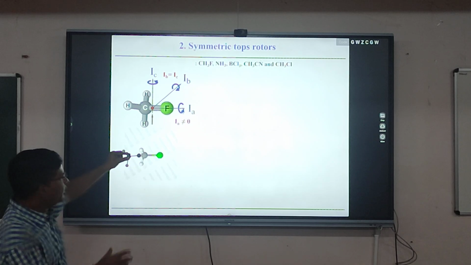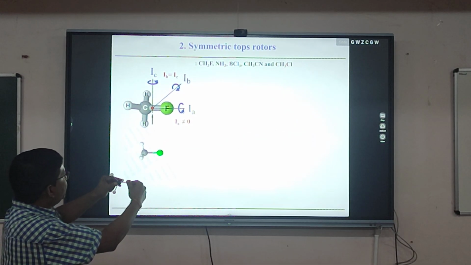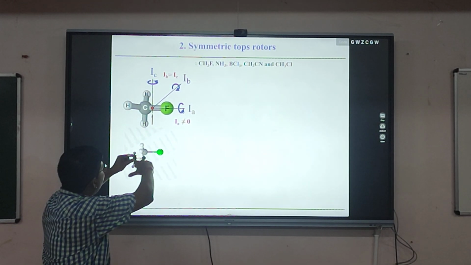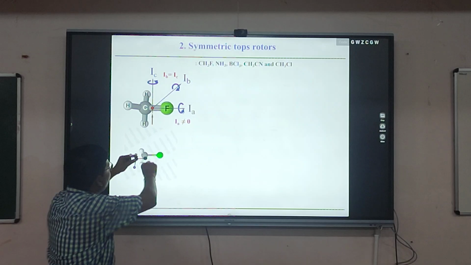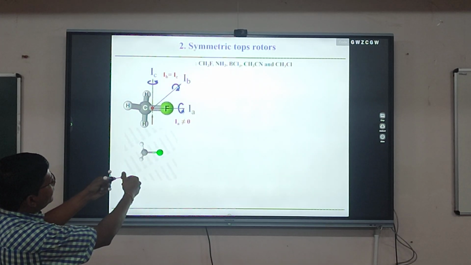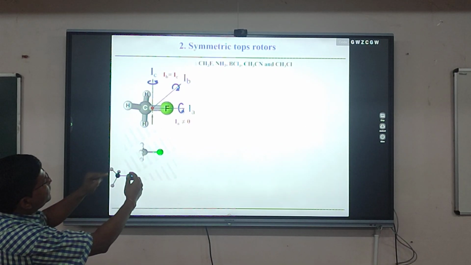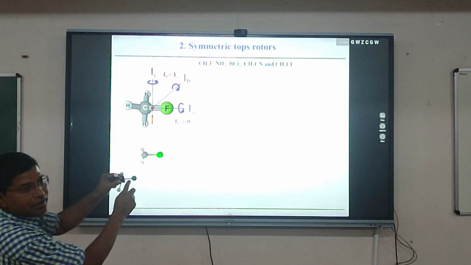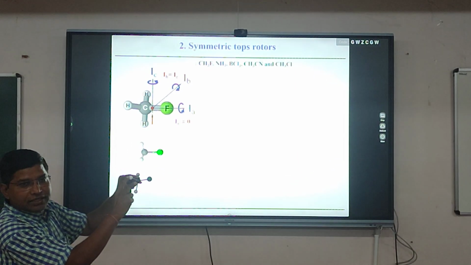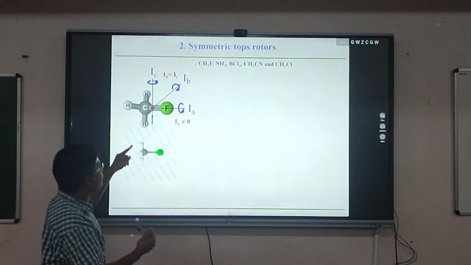Along the bond axis, the bond between carbon and chlorine is not changing, but the orientation or position of the hydrogens present in the molecule is changing.